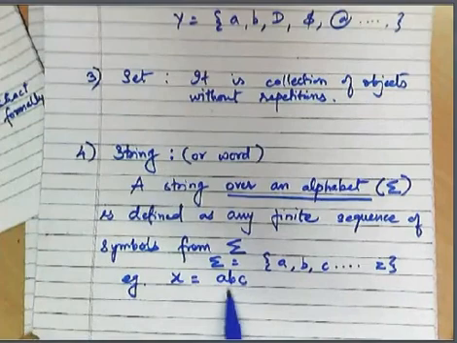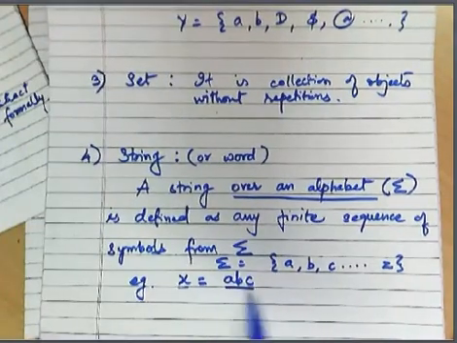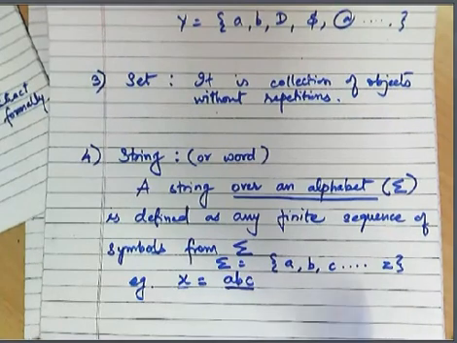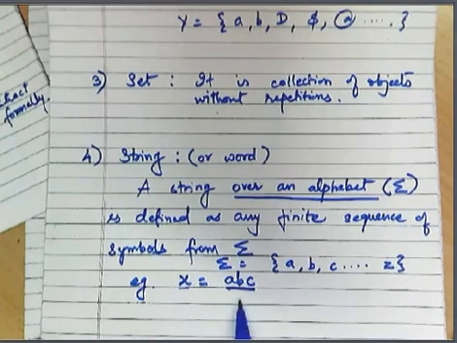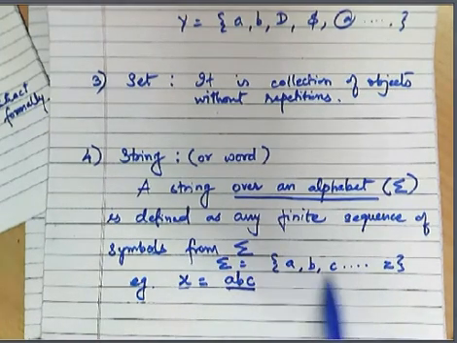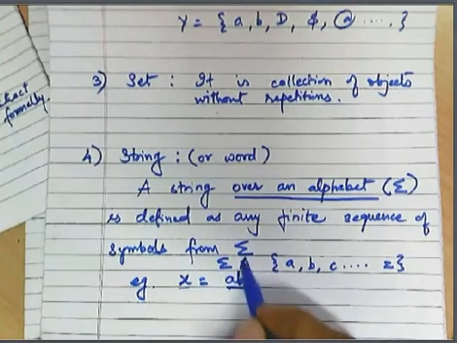Over this alphabet, I have defined one string, named X, which is a collection of symbols from that alphabet in a proper sequence. So X is representing a string over an alphabet summation.